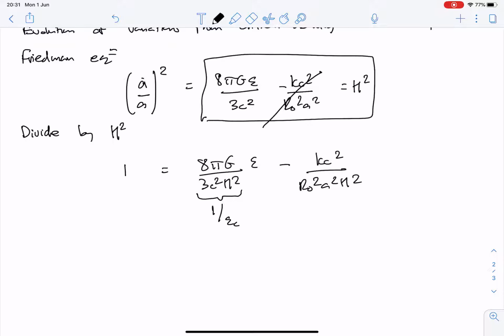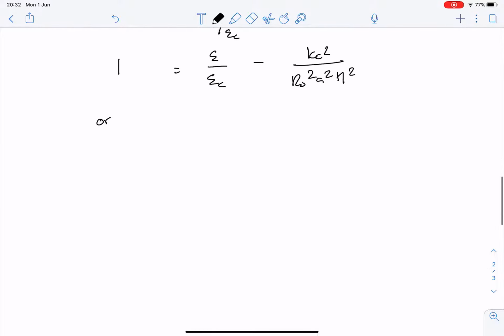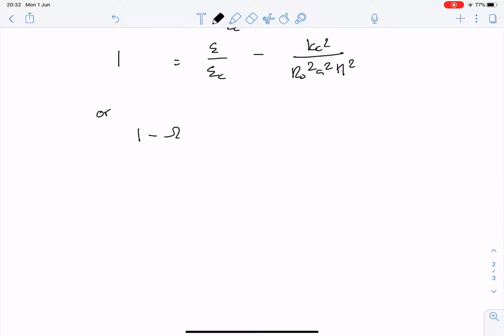So what I can therefore write is that 1 equals epsilon over epsilon c minus kc squared over R naught squared a squared H squared, or alternatively 1 minus omega, because this thing is just equal to omega by definition, as a function of time, equals minus kc squared over R naught squared a squared H squared.